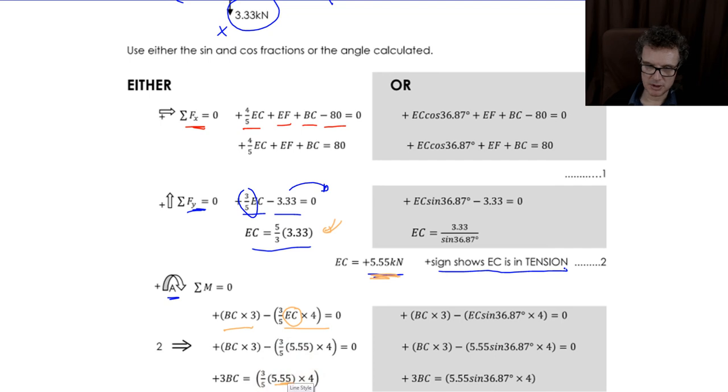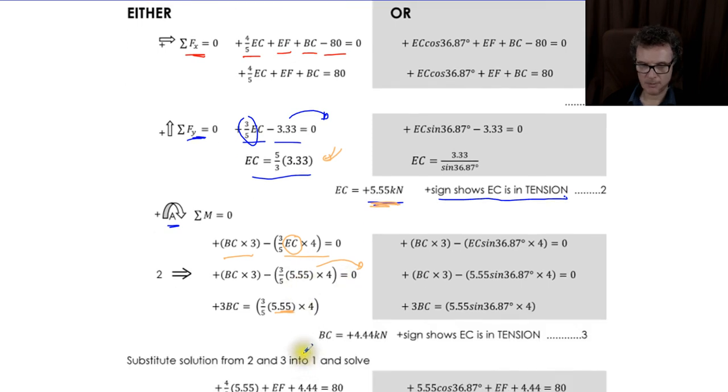Bring this over to the right hand side, and that will become a positive term. Divide through by the 3, and we end up with BC equals 4.44, and again another positive sign, so therefore BC is in tension.